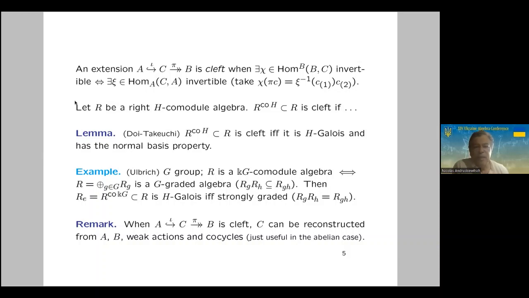And there is a technical lemma, which I will not explain in detail, due to Doi and Takeuchi. An extension of right comodule algebras is cleft if it is H-Galois and has the normal basis property.